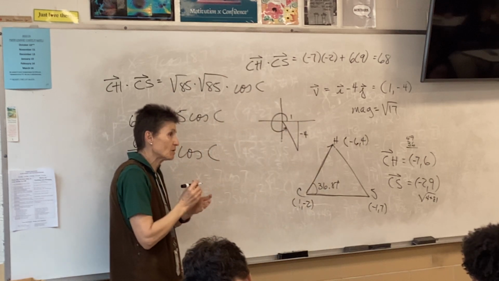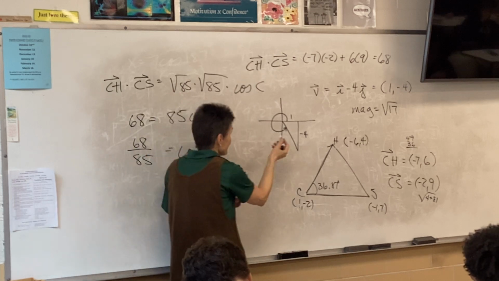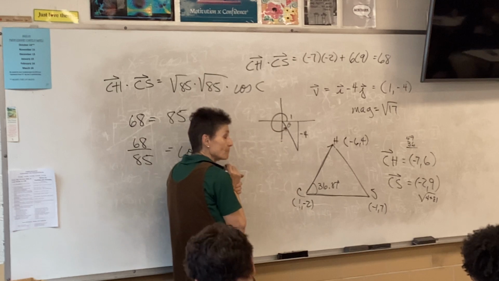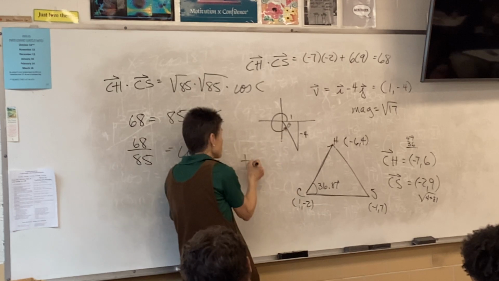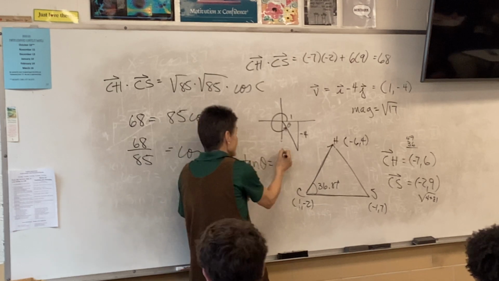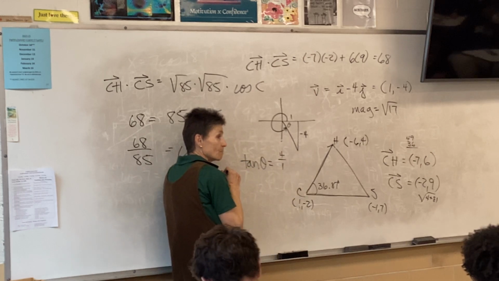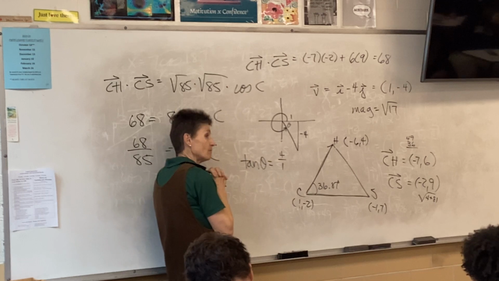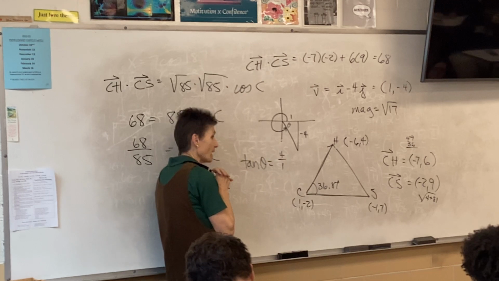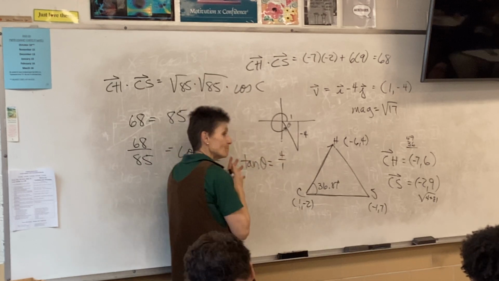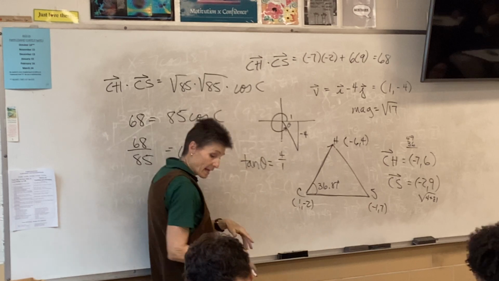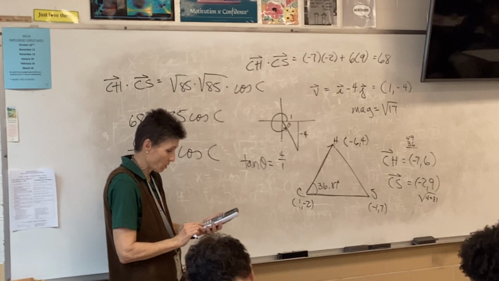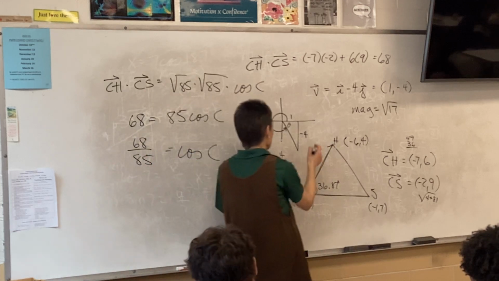We'll call it theta, and find it by saying the tangent of theta is 4/1. I'm looking for the reference angle, so I'm not messing with the negative. Second tangent of 4 is 75.96.